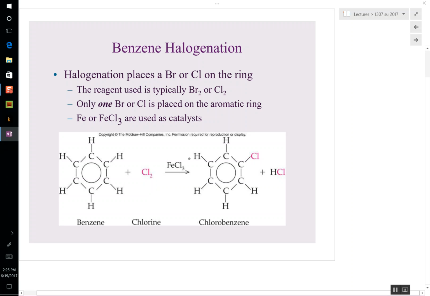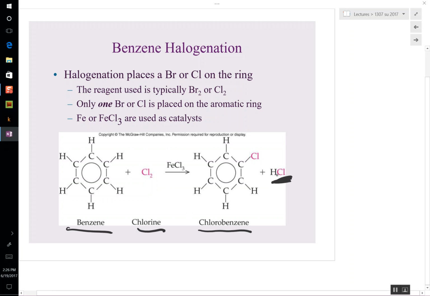If we take benzene and react it with chlorine, with this catalyst iron chloride, one chlorine goes on the benzene ring and replaces a hydrogen. The hydrogen comes off and replaces the chlorine. All right, so benzene plus chlorine, you get chlorobenzene and you get HCl.